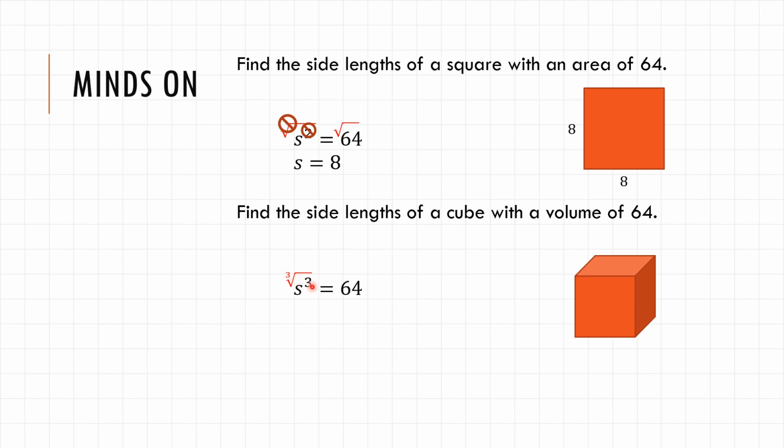Well, the cube root and the exponent of 3, the cubic power, cancel each other out. And because I did it to one side, I have to do it to the other side. What number times itself 3 times gives us 64? You can pause the video if you'd like to think about that for a minute. The answer is actually 4. So all these 3 sides have a length of 4.